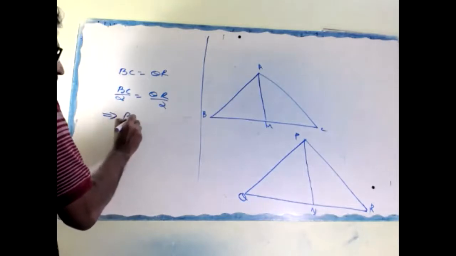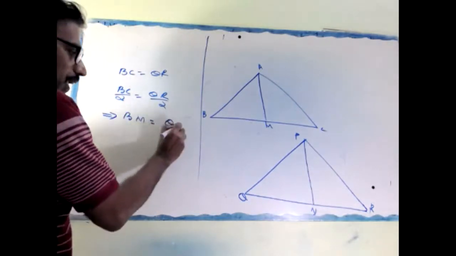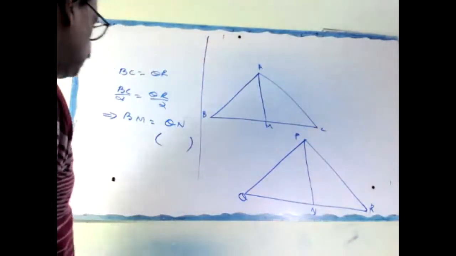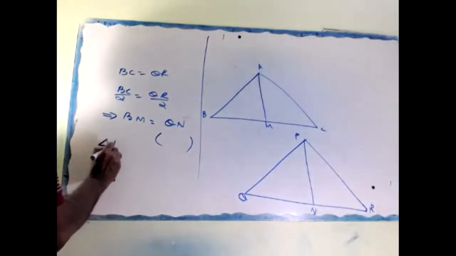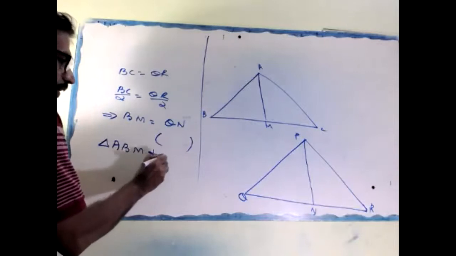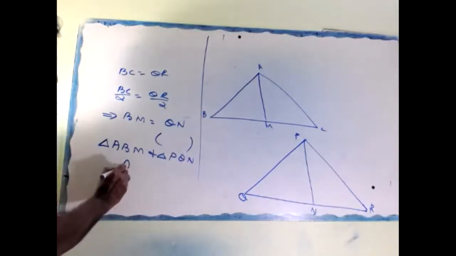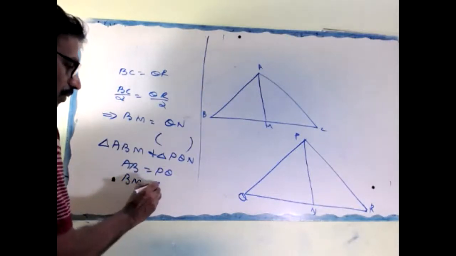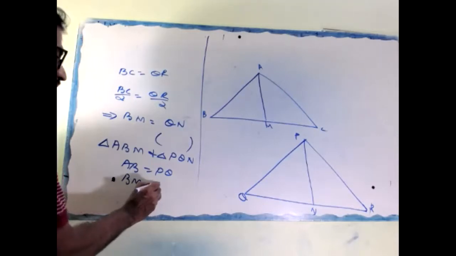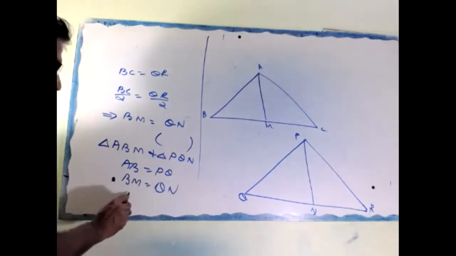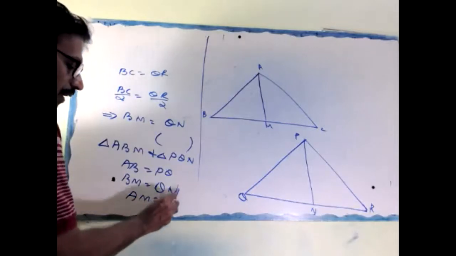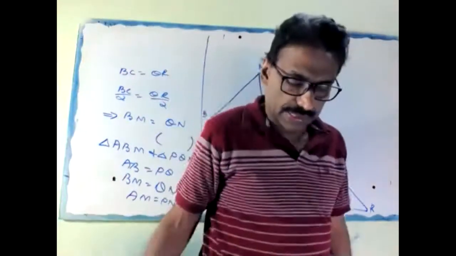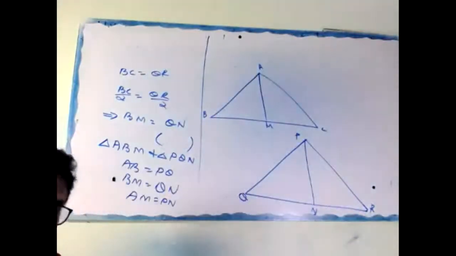That is BM equal to QN. Reason: AM and PN are medians. Then in triangle ABM and triangle PQN, AB equal to PQ given, BM equal to QN proved, AM equal to PN given. Therefore, triangle ABM congruent to triangle PQN, SSS congruency.